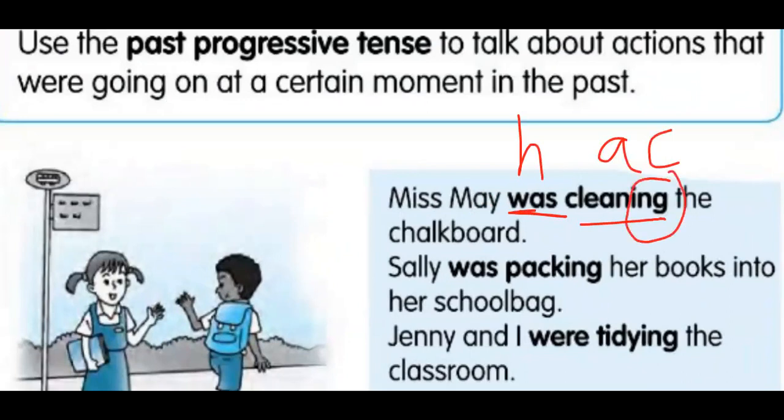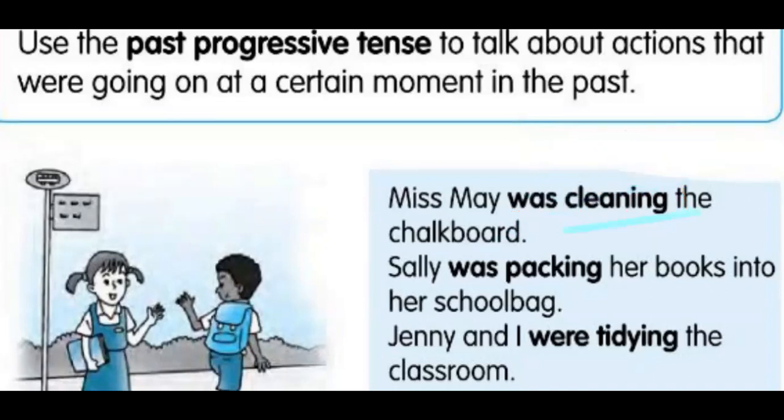Verb plus ing. Is ed added over here like in simple past tense? No. Here, what is added? The helping verb was, and verb plus ing. Clean is the verb plus ing, cleaning.